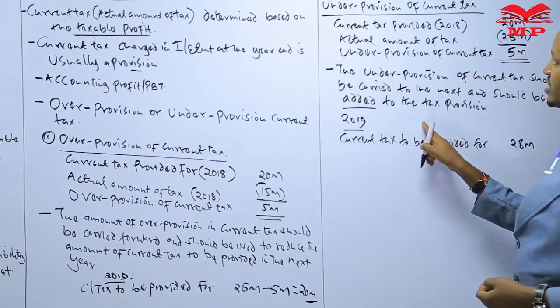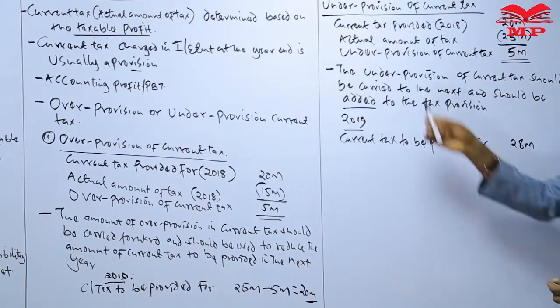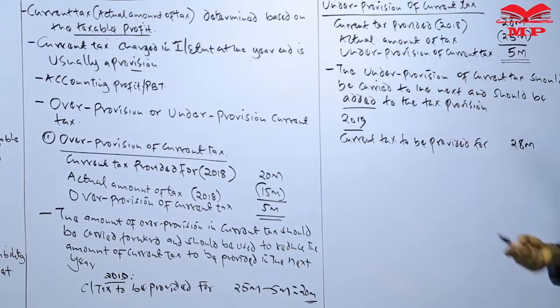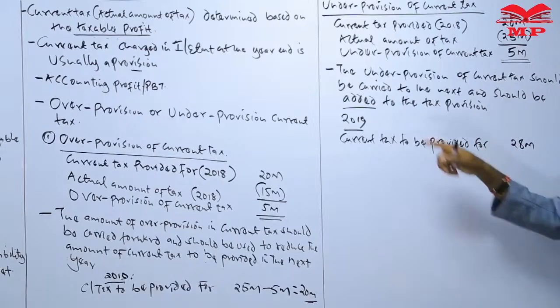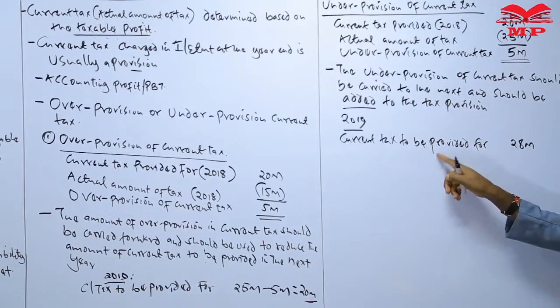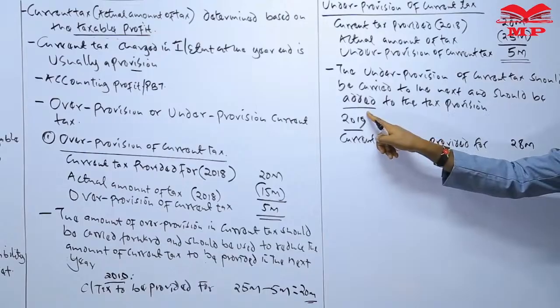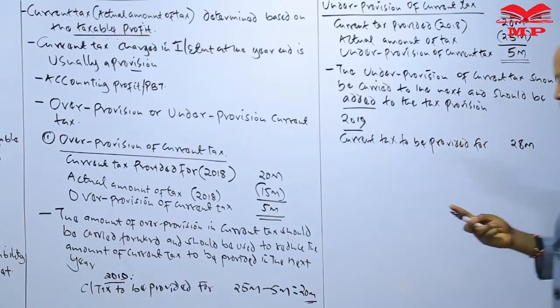Now in the year 2018 we had other provision. We have said that it should be carried forward to this year, and then it should be added to the amount of tax which will be provided for.